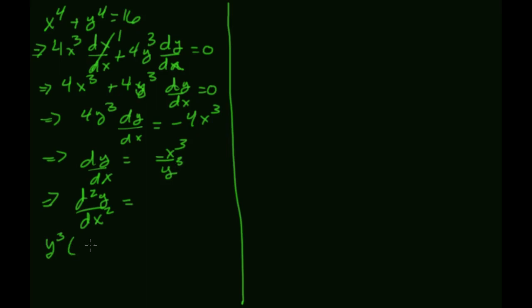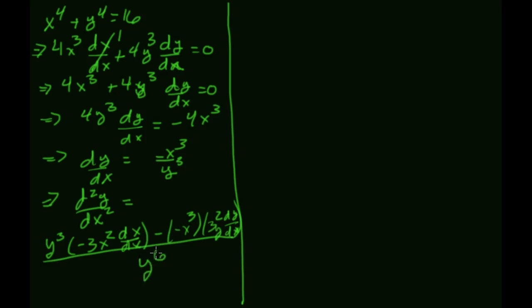Low d high, negative 3x squared, right? dx/dx, right? So low d high minus high, that's negative x cubed, d low, so that's going to be 3y squared dy/dx. Fit that in there, right? All over low squared, right? So the low squared here would be y to the 6th.